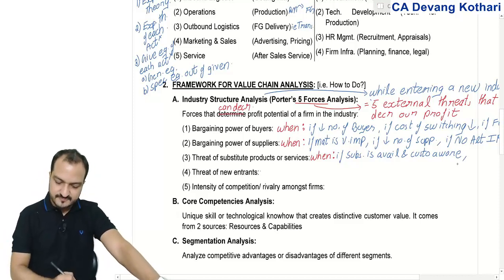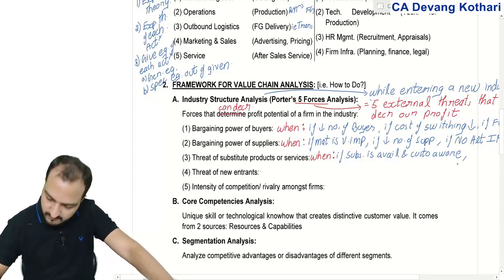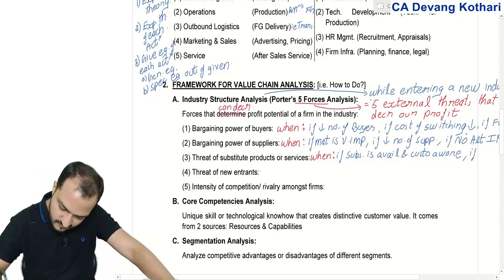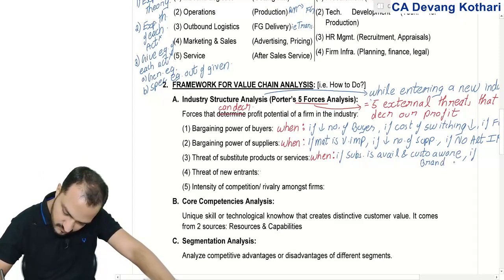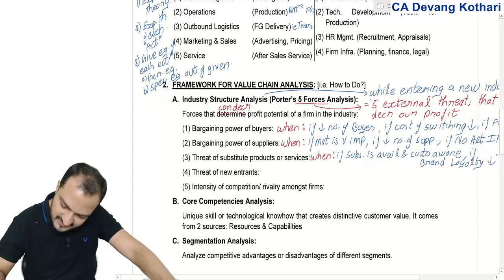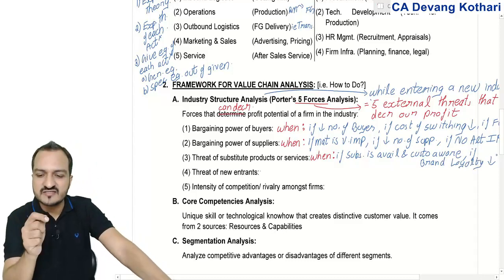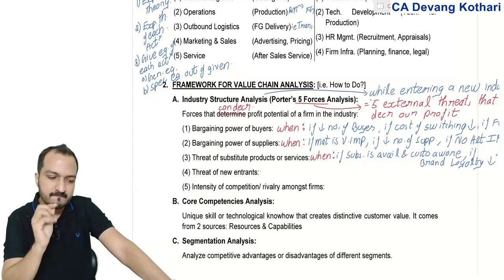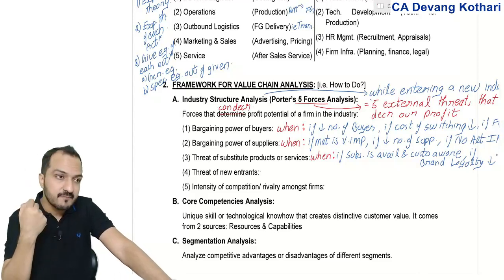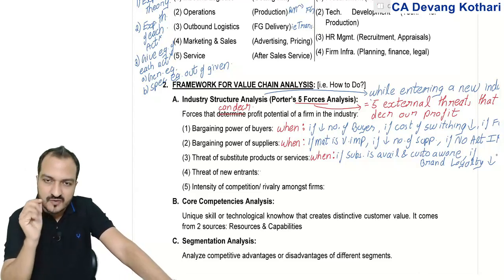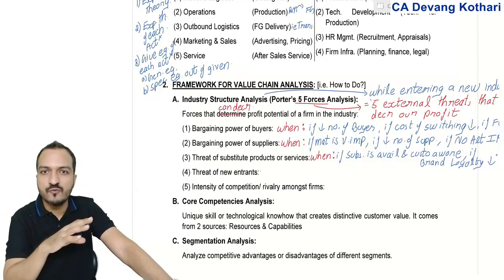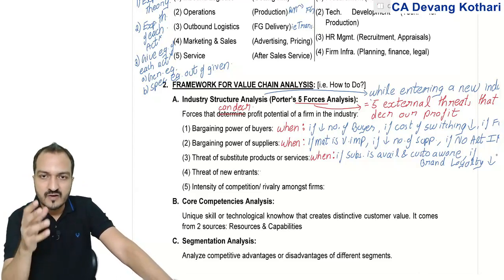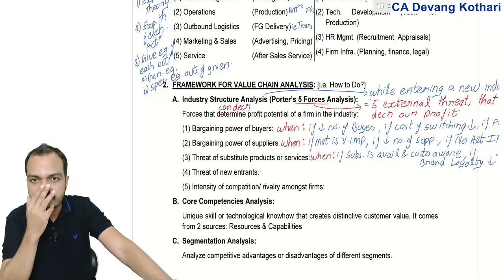Also the threat of substitute will be more if the brand loyalty is less. A clear example I'll tell you. Say for example, does a mobile phone brand like Oppo, Vivo become a threat to Apple?